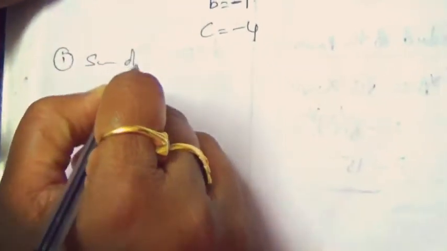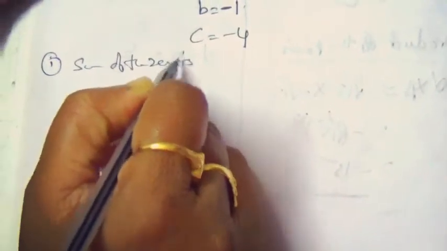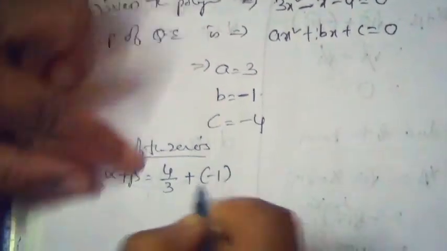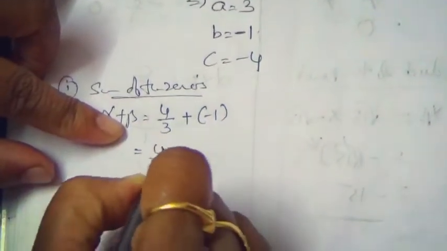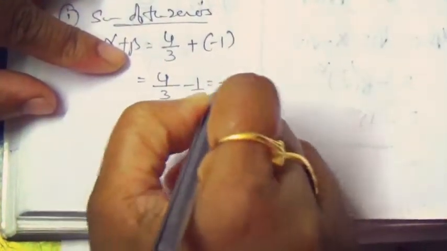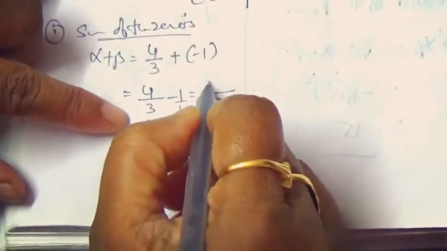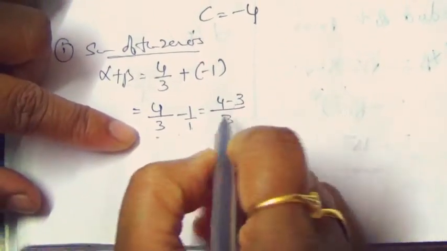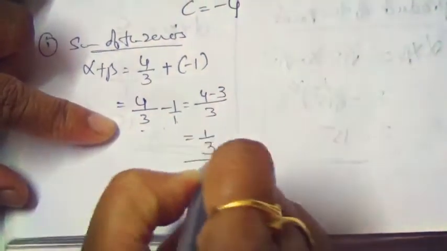So the sum of the zeros is equal to alpha plus beta. What is alpha? 4 by 3 plus minus 1, that is equal to 4 by 3 minus 1. LCM of these two is 3, so 4 minus 3, that is equal to 1 by 3, it is the value.